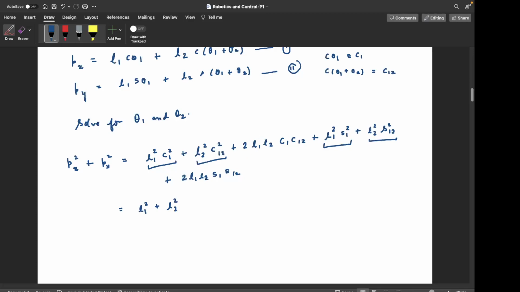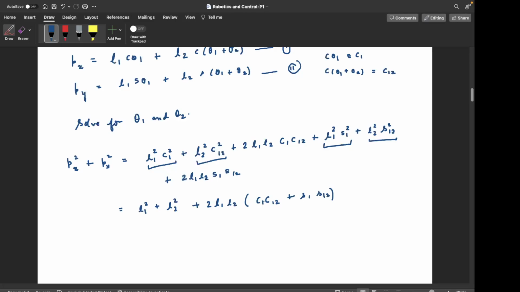Now for this L1 L2 term, so what is this? This is 2 L1 L2 times (c1 c12 plus s1 s12). But this is basically the formula of cos(theta 1 minus theta 2), right?